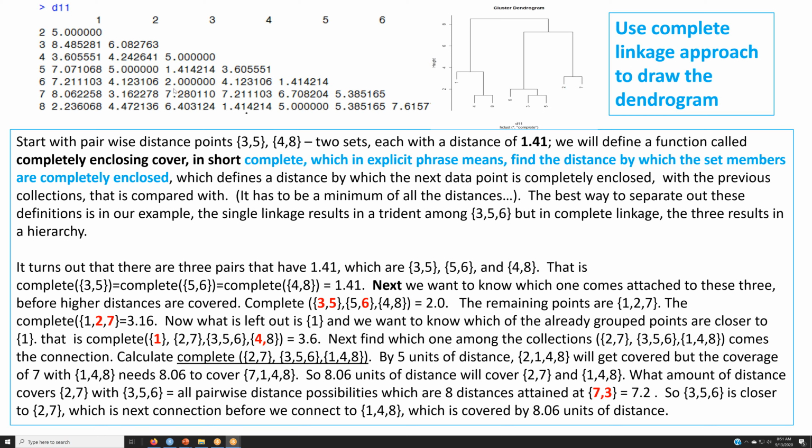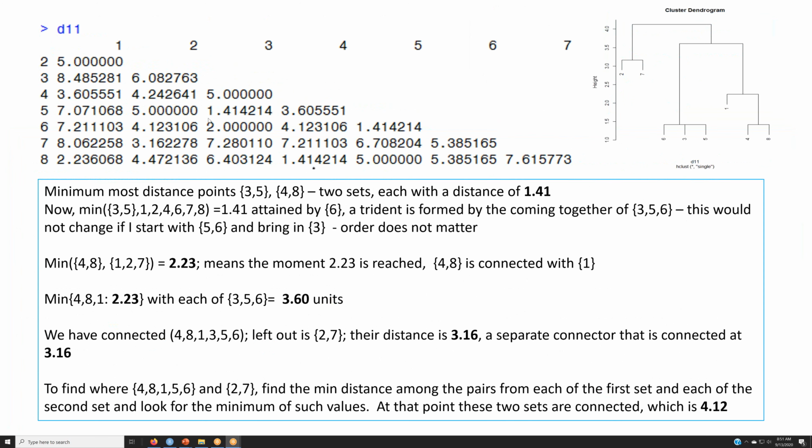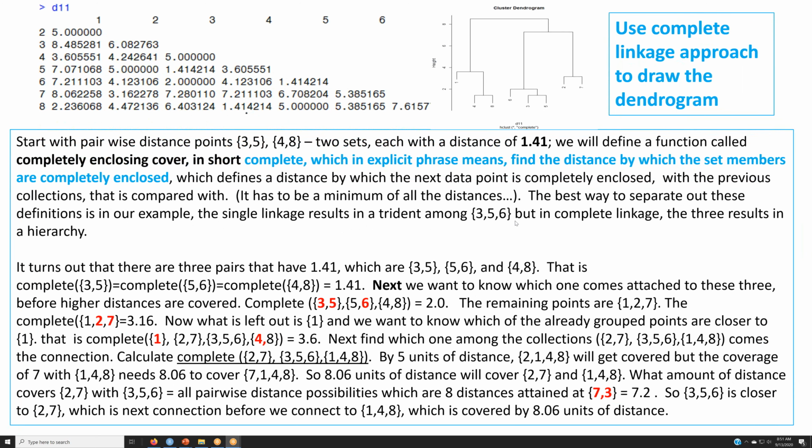So 2 is reached among 3, 5, 6, 4, 8. The next minimum is reached by 2.0. That's what is represented here: when the next minimum is reached, 3 and 5 get connected to 6. That's what this connection is, okay?